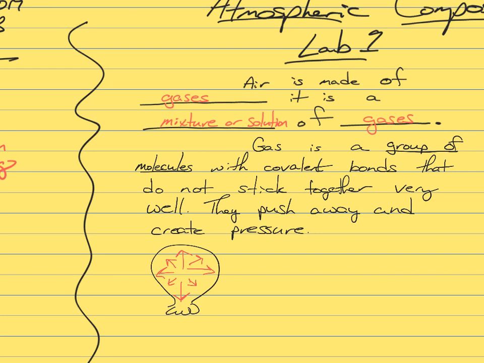But there was also pressure from the outside, gas pushing in from every direction. That was going to be important later on in the conversation. And that gas on the outside, we said that was air, right?